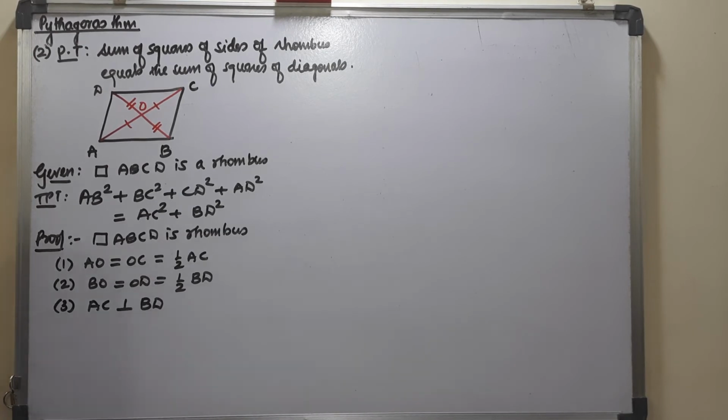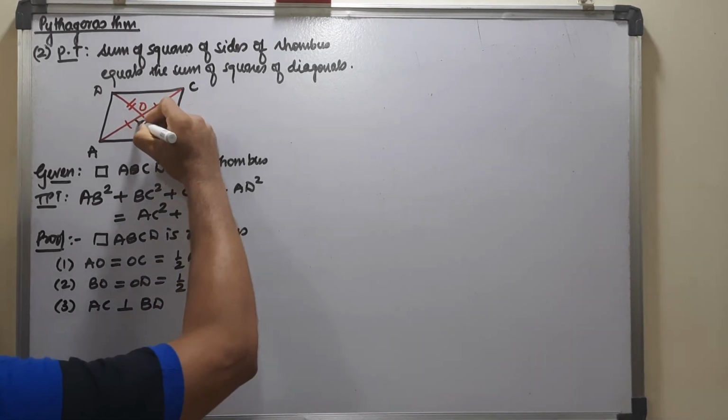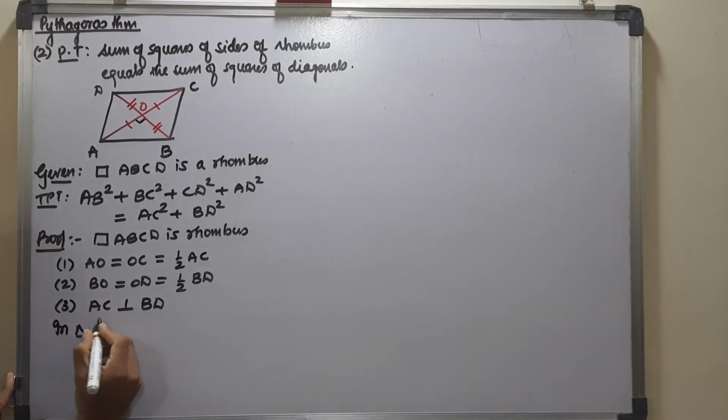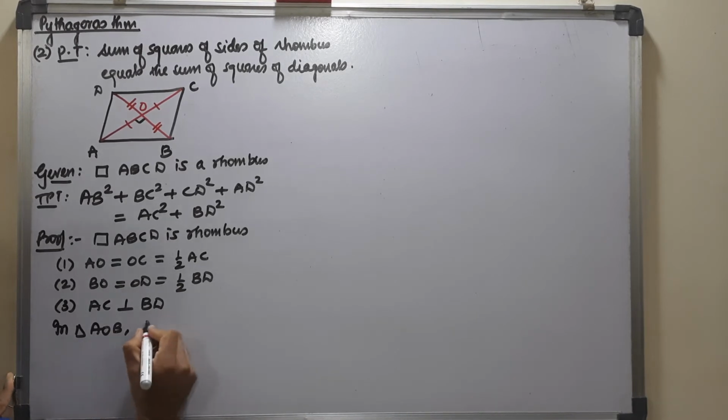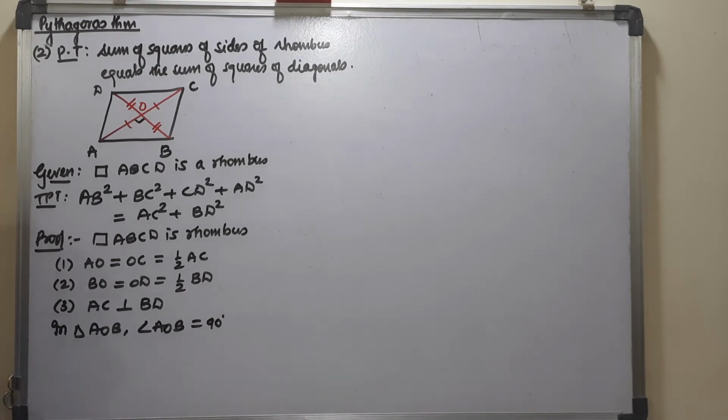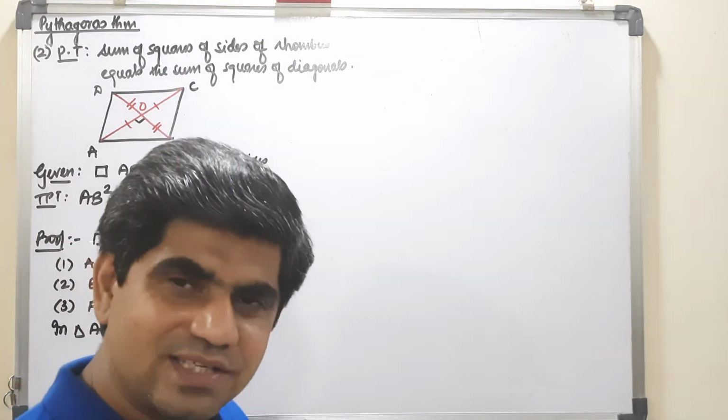So select any angle. Let me take this angle, that is, in triangle AOB, angle AOB being 90 degrees, I can readily use the Pythagoras theorem.